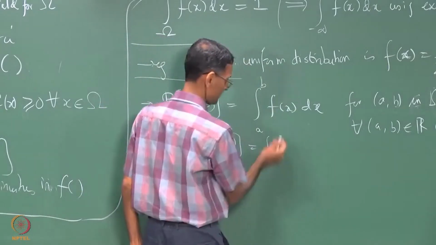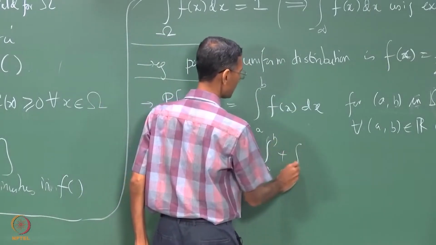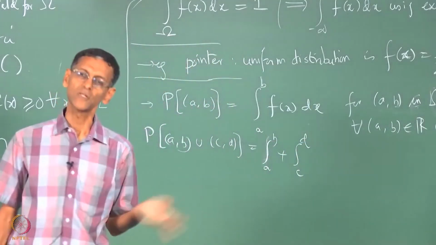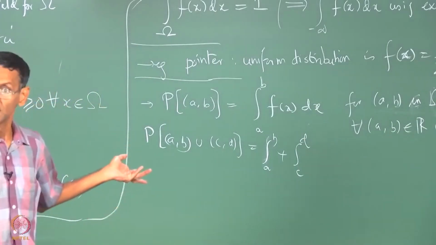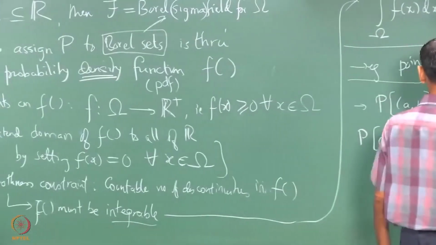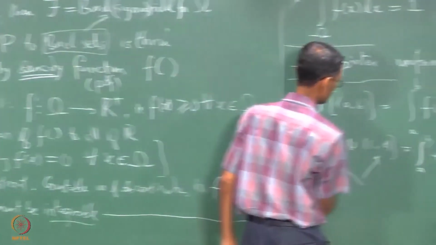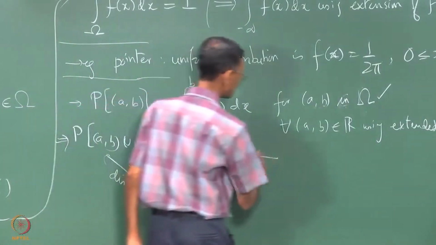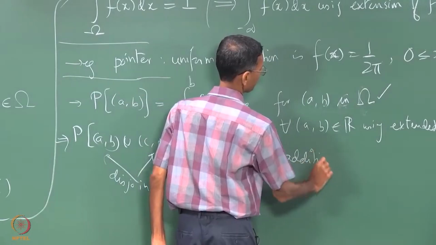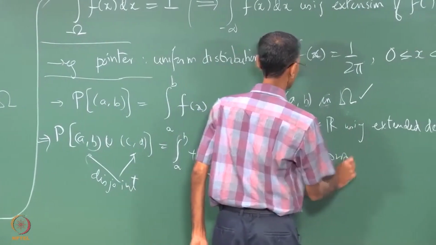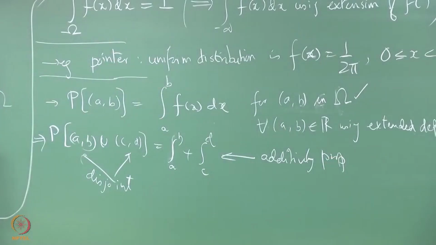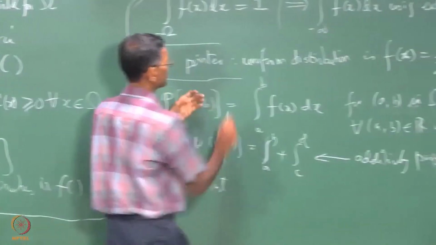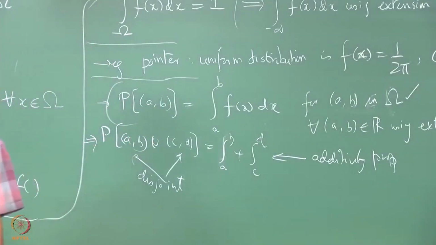This will be the integral from a to b plus the integral from c to d. That is the additivity property, which is automatically satisfied because integrals add, if they are disjoint. So all these things go to show that defining the probabilities by this is perfectly consistent with the axioms and so on and so forth.